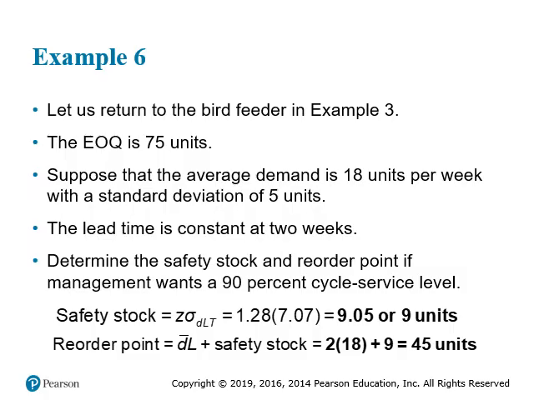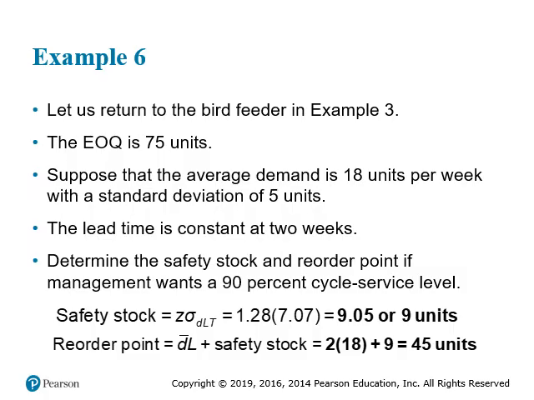The perfectionists among us are going to tell us we should round it up. But those of us who realize we're dealing with uncertainty in demand and in our estimates of standard deviation will say, hey, 9 units, pretty close to 9.05.